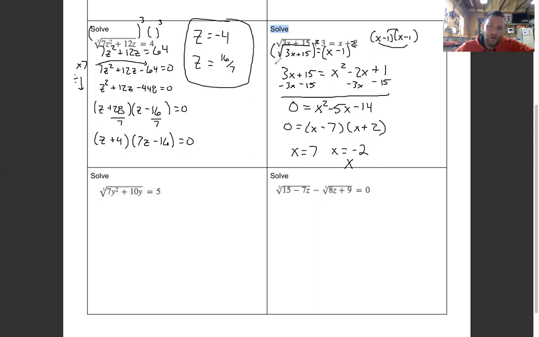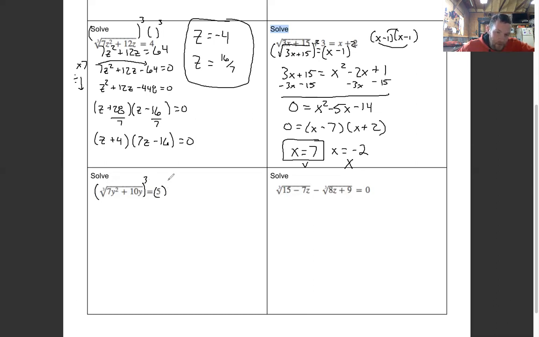The 7 will. 3 times 7 is 21, plus 15 is 36. Square root of 36 is 6. 6 plus 3 is 9. And on the right side, 7 plus 2 is 9. So my answer is x equals 7. With the square root, usually we'll have to cancel out one. Cube root, you probably don't.